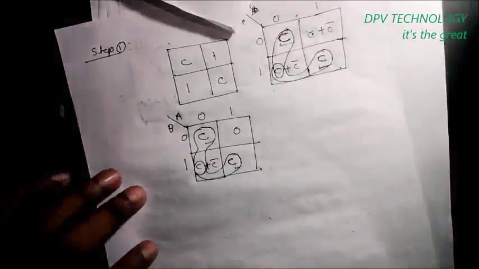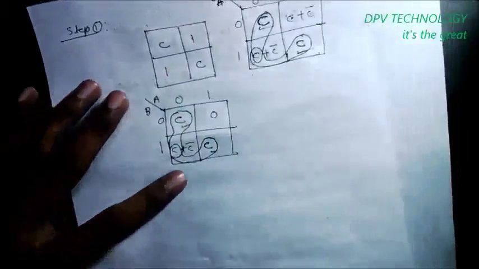Then we have to read this thing as in the case of K-map. How we read this will be included in step 2.